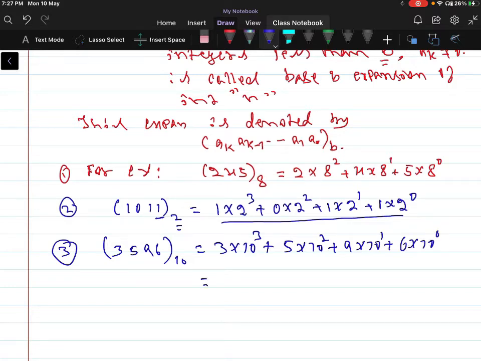So 3 into 10 cube is 1000, 3000, plus 5 into 100, 500, plus 9 into 10, 90, plus 6. So 3596 with base 10 can be expanded as 3 into 10 cube plus 5 into 10 square plus 9 into 10 power 1 plus 6 into 10 power 0.